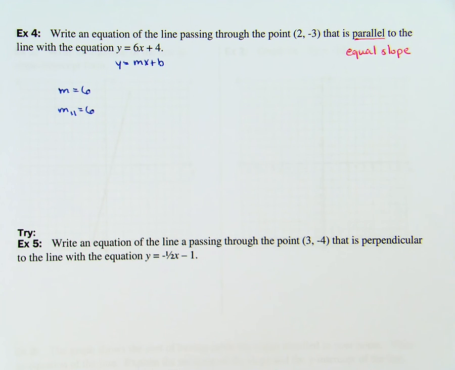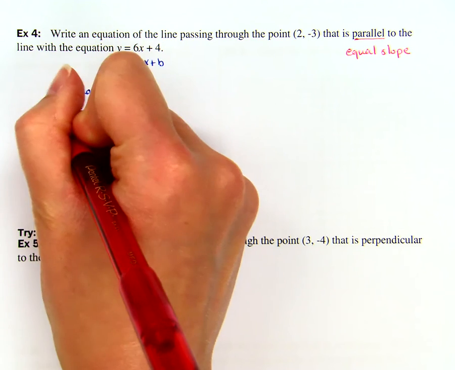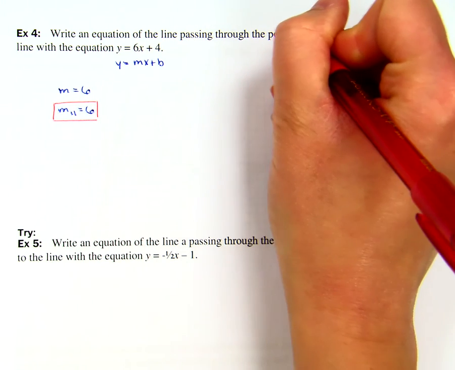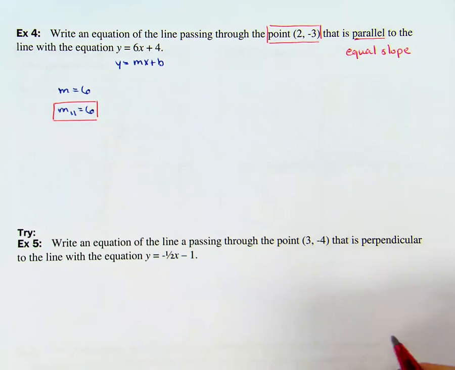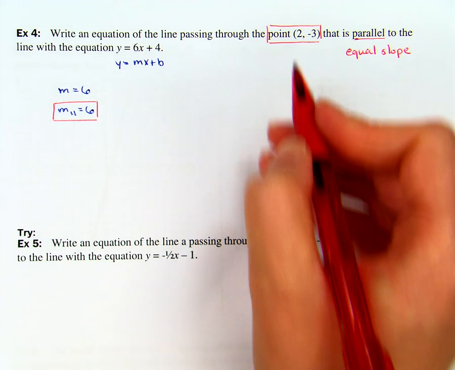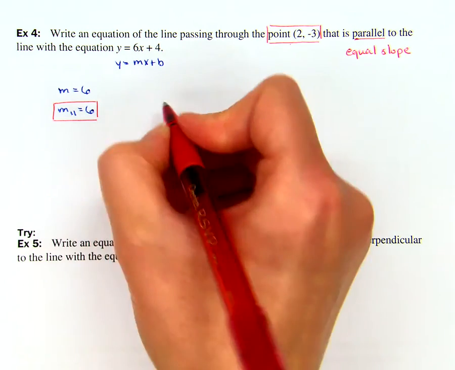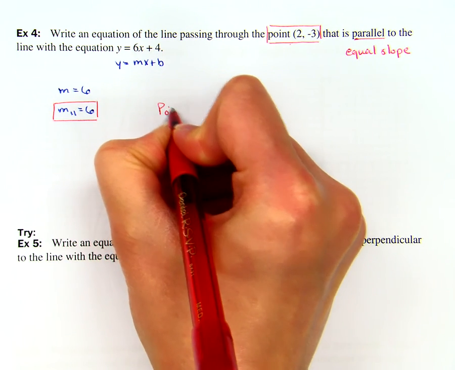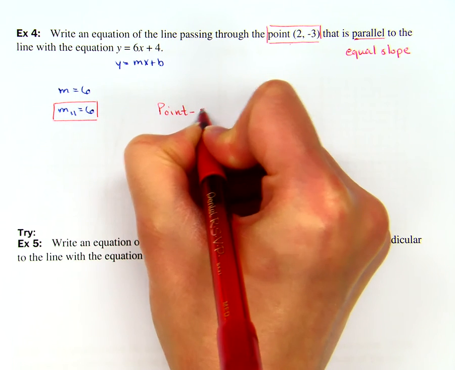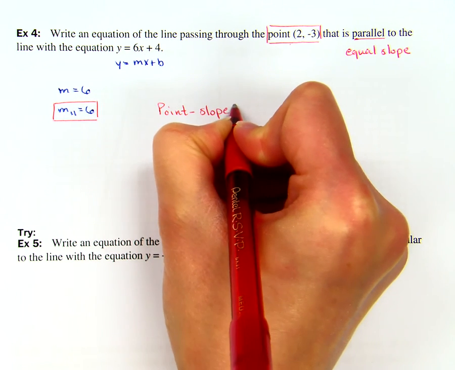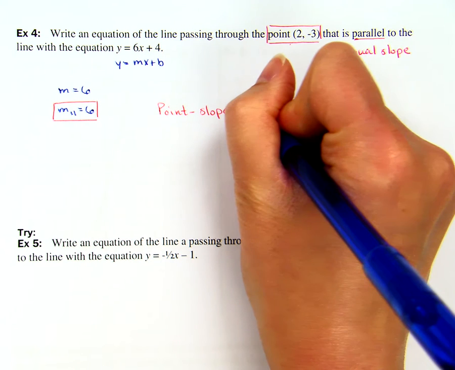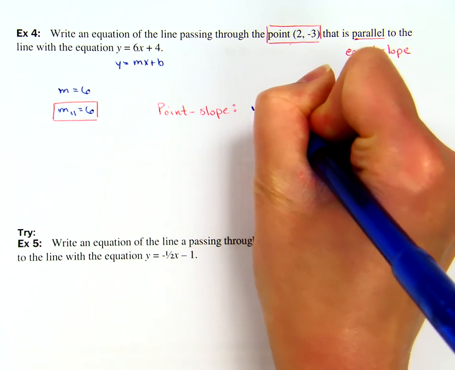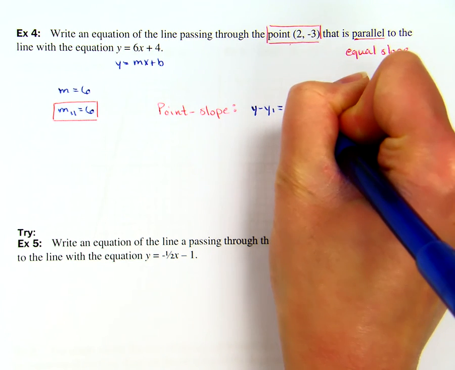Now that we've identified the correct slope, we have enough information to find the equation. All we need to do is take the point that we're given and the slope that we found and put it into an equation. Let's start with point-slope form. Our point-slope form is y minus y1 equals m times x minus x1.